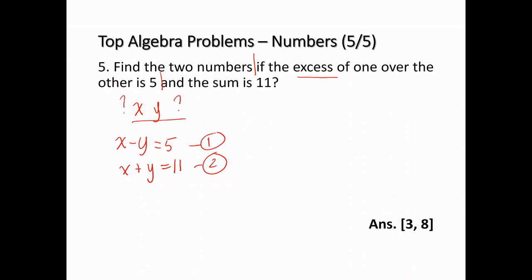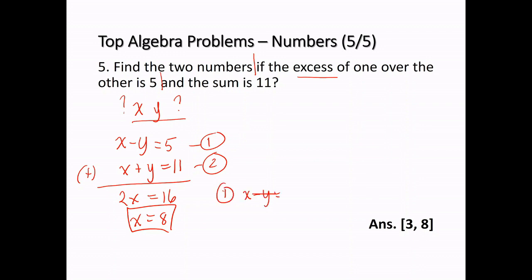Okay, so then you can solve. You can use subtraction or addition. We can solve for x by adding the two equations, so that negative y plus y becomes 0. So you have 2x is equal to 5 plus 11, which is 16. So we have x is equal to 8. And then for the other value y, you can use the first equation, x minus y equals 5.